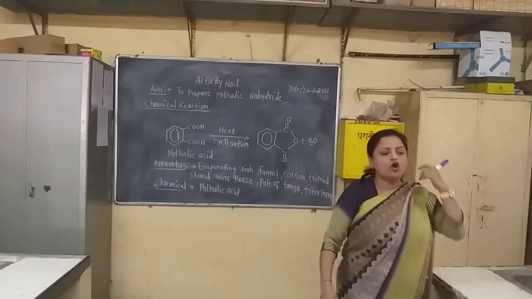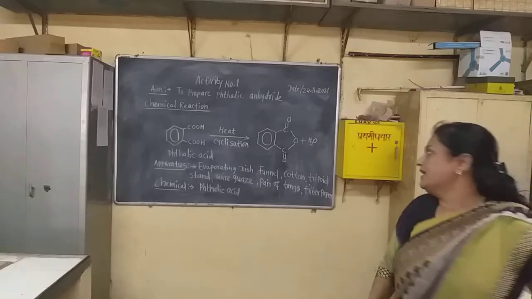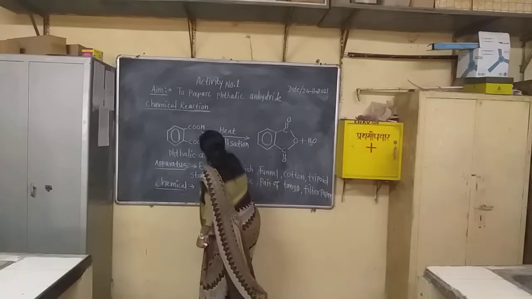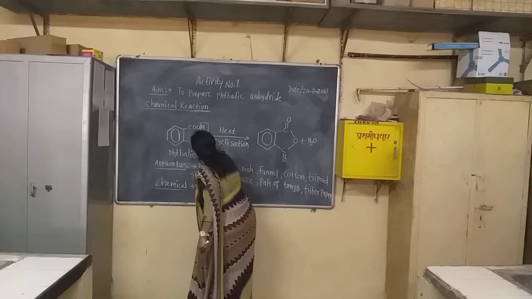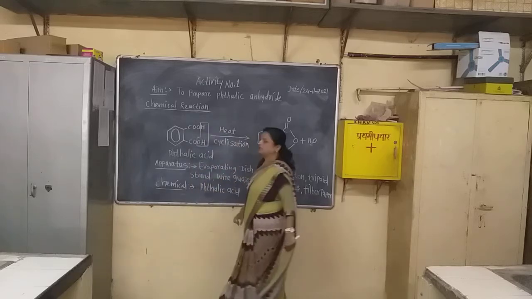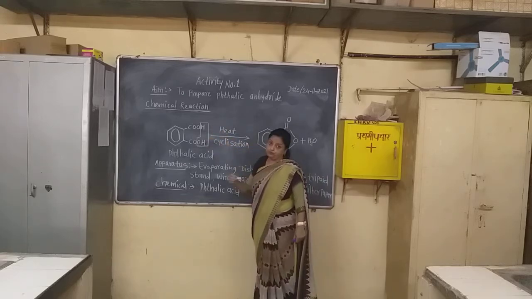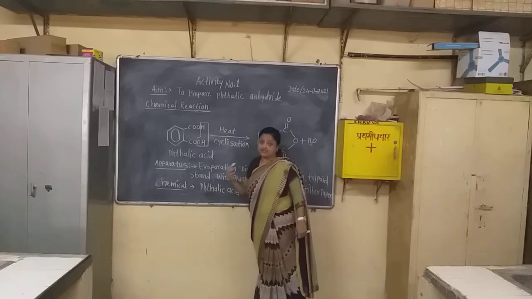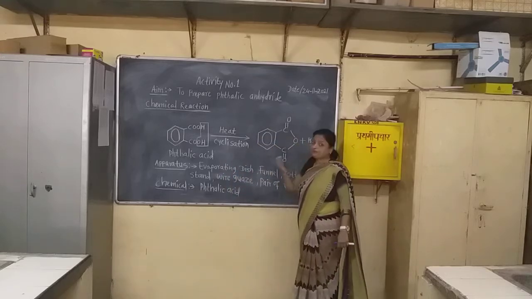Now see how the water molecule is removed. Here is this hydrogen and one of the OH groups. Now see here, H and OH get removed. So it is the anhydride. Phthalic anhydride is obtained because water is eliminated.